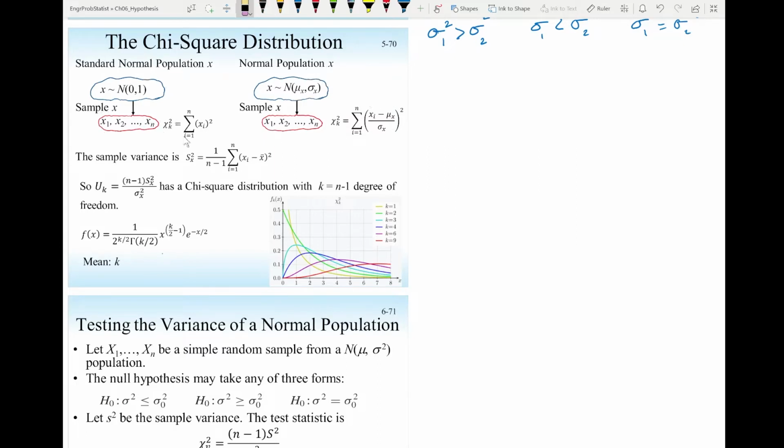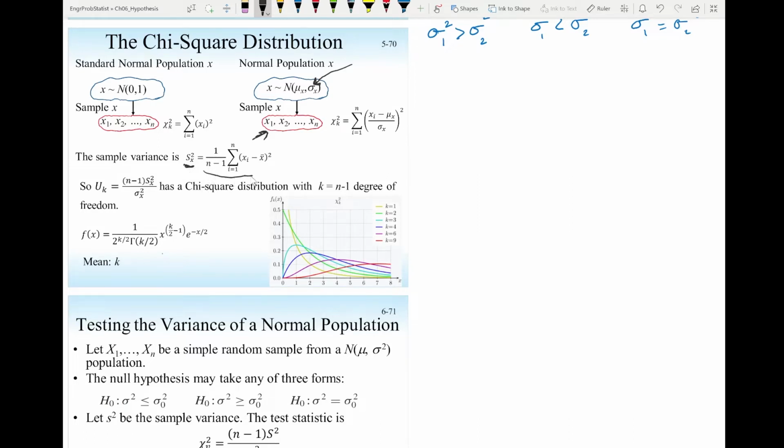Let's clean up. Now we are concerned about setting a null hypothesis for the variance. And because we don't know the variance of the population, we usually take a sample, and then we estimate this variance by finding the variance of the sample. The sample variance we learned earlier in previous chapters.